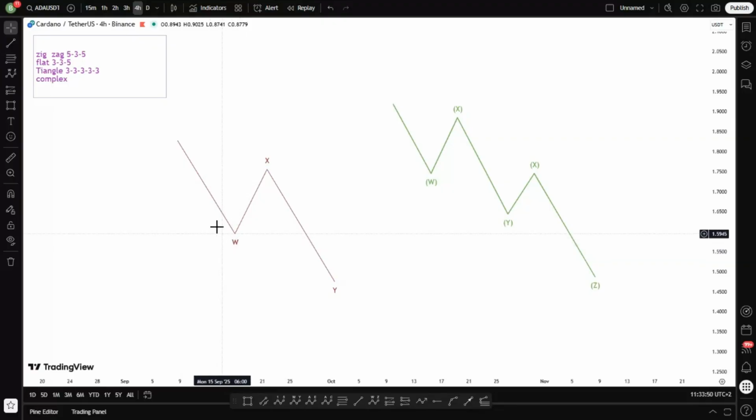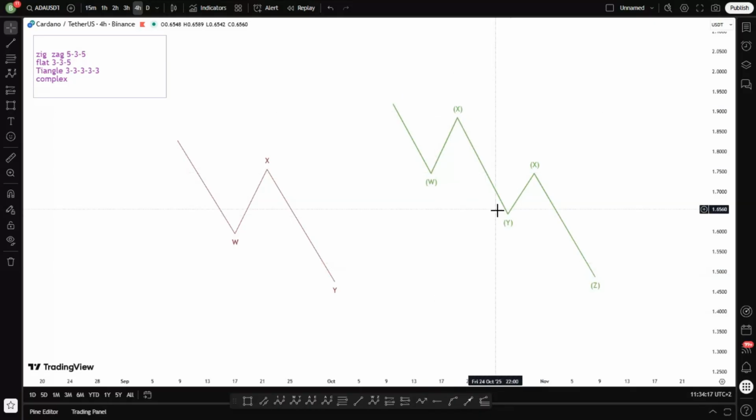We know that if W is a zigzag, we can anticipate that Y can be something else different. There is no way that we can find a zigzag of W and a zigzag of Y, or a flat of W and then a flat on Y. No, there is no way. So it has to be varieties. That's how the market moves.